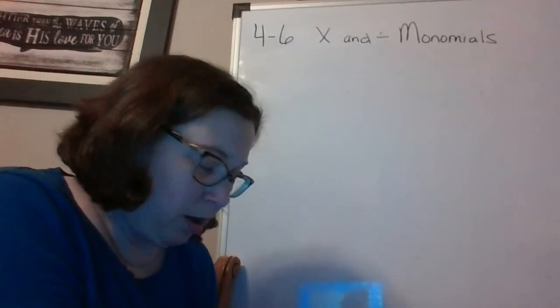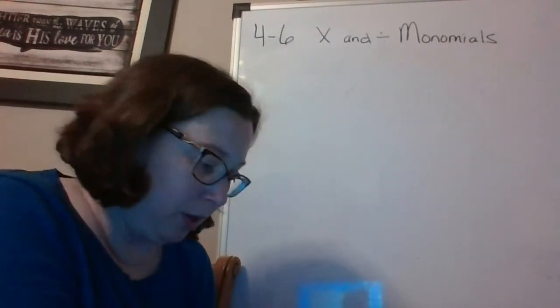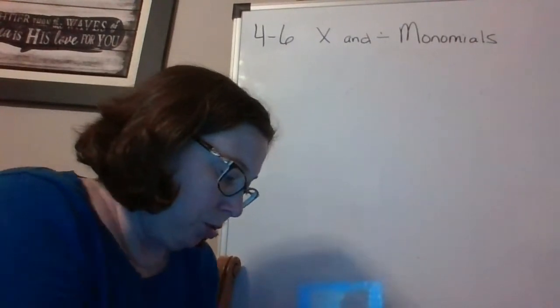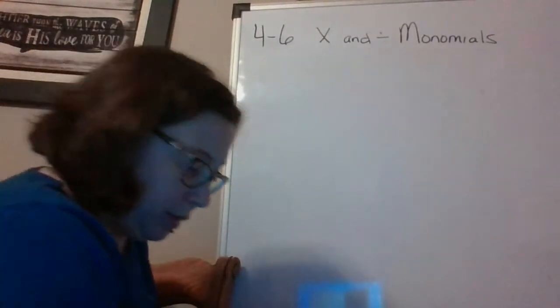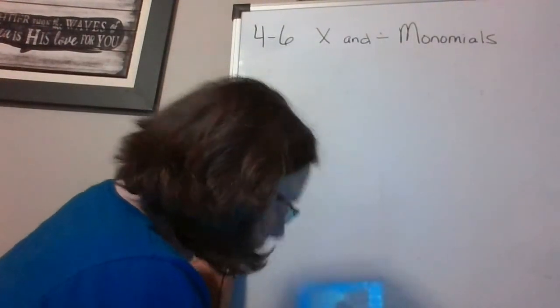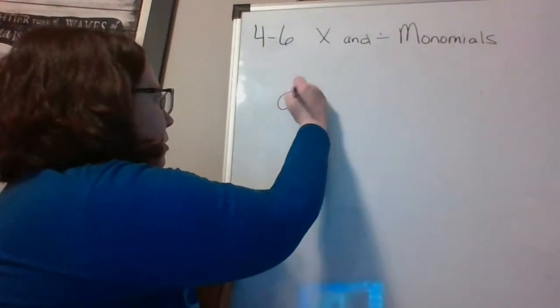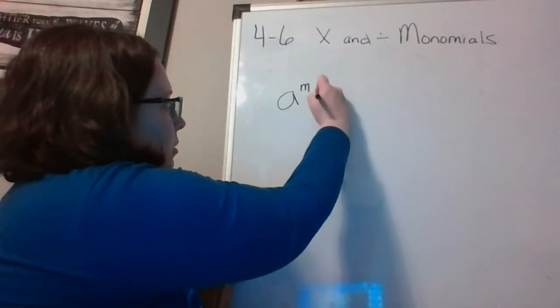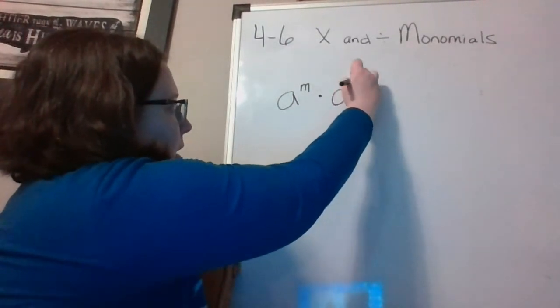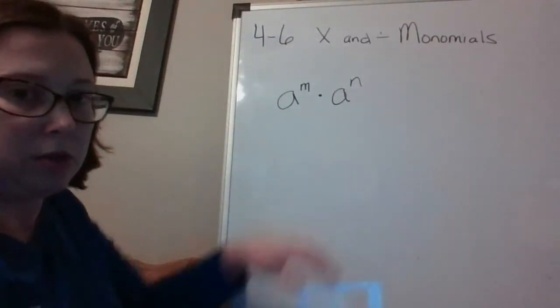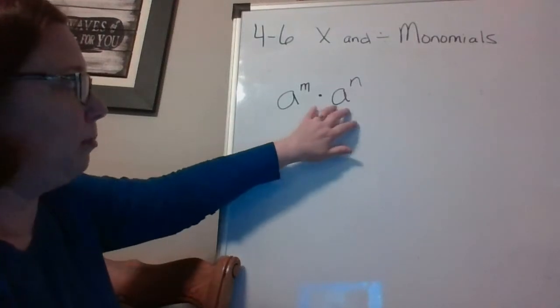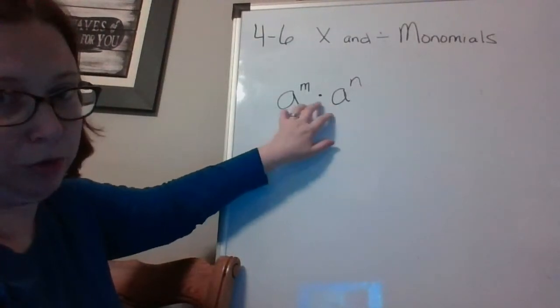When you are multiplying two separate monomials, you can think of this as a to the m times a to the n. So we have our base being the same, they're both a.